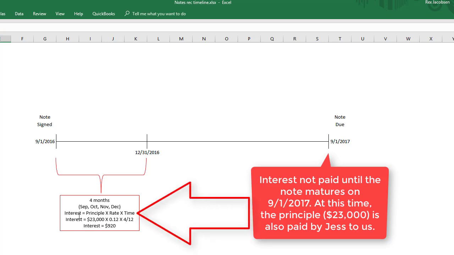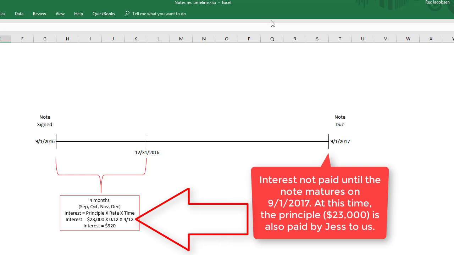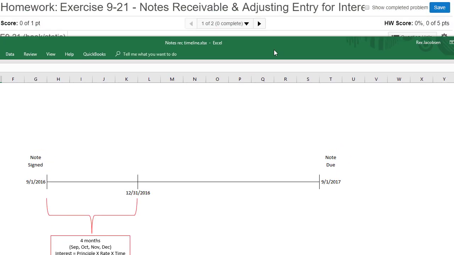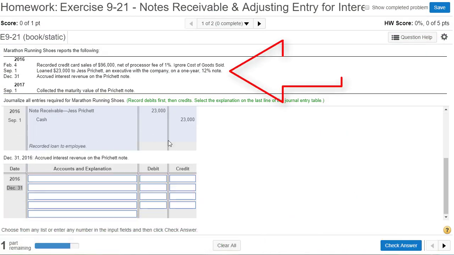The formula for simple interest is principal times rate times time. Principal is the amount of the loan, so that's $23,000. The rate is 12%. Where am I getting this information from? It's a 1-year note, and it's 12%. So anytime they have a percentage on a note, that means per year. So this is 12% per year. This does happen to be a 1-year note.